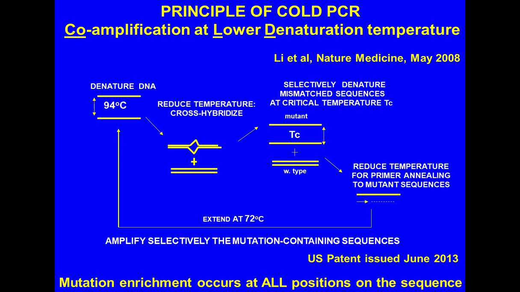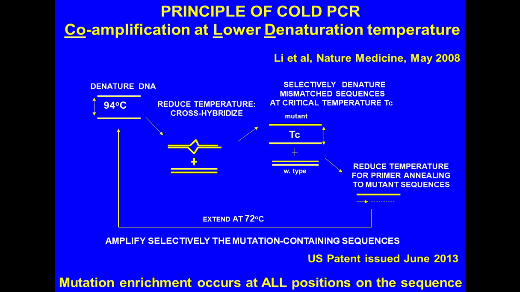Then by increasing the temperature by a few degrees to a critical temperature that differentiates between homoduplexes and heteroduplexes, you achieve preferential denaturation of the heteroduplexes. So here you denature mutant and wild type strands.